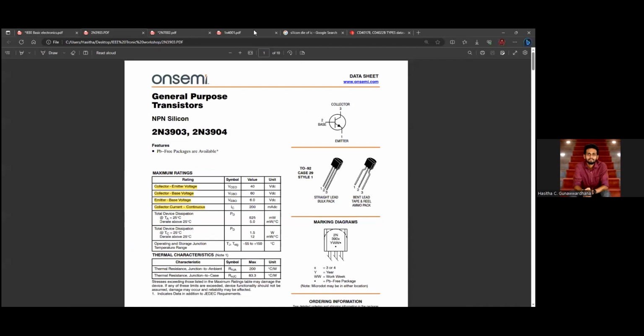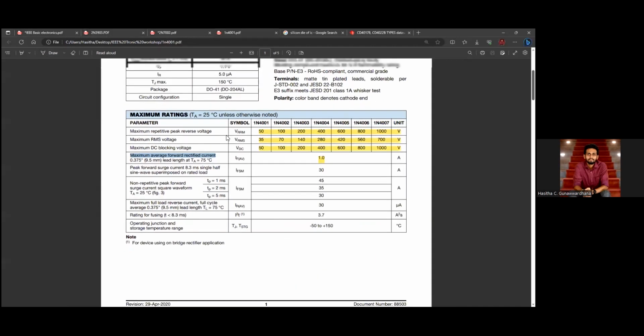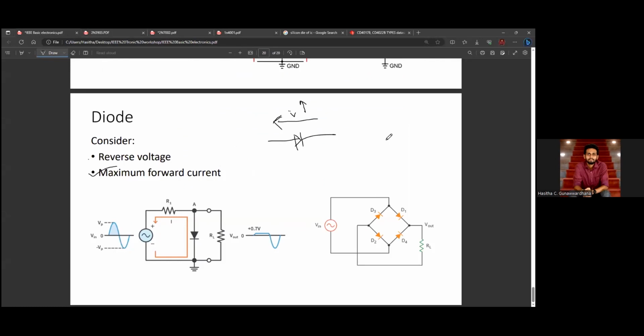So we go to the data sheet. For each model, like 4001, 4002, and so on, there is this maximum repetitive peak reverse voltage. This is given as 50, 100, 200, up to 1000. Consider a scenario where one diode in our circuit has to face 100 volts in the reverse direction.